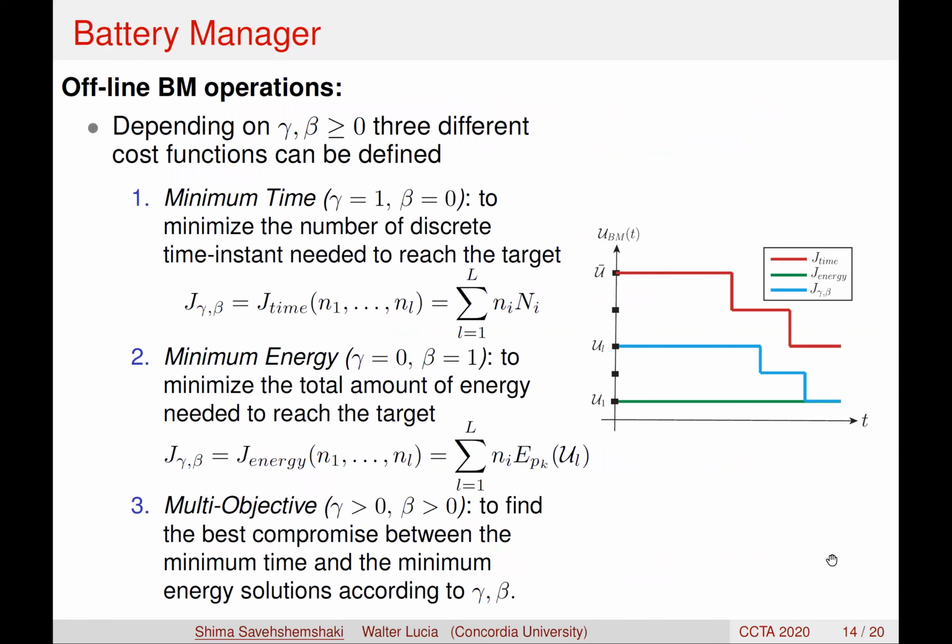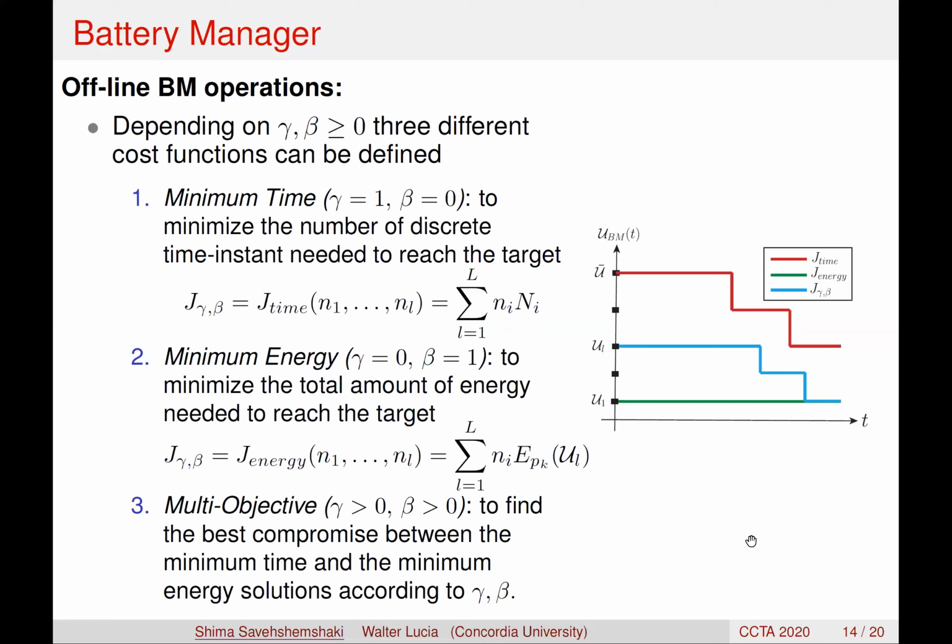Depending on gamma and beta, three different cost functions can be defined and solved by the Battery Manager before it starts operating online. The first cost function is minimum time. With this value of gamma and beta, it minimizes the number of discrete time instants needed to reach the target. As you can see here in the figure, it is the profile that is shown in green.